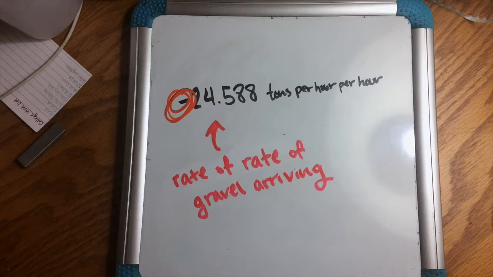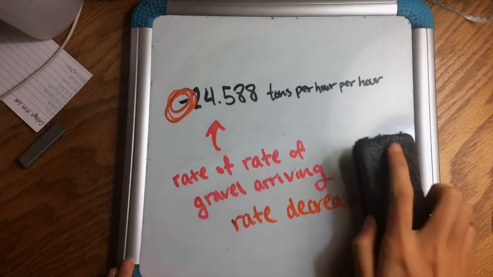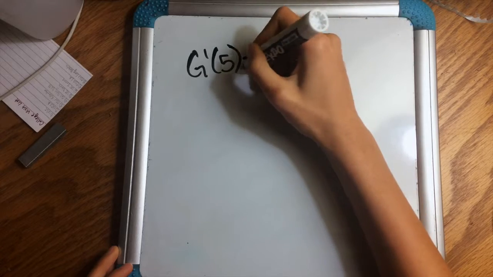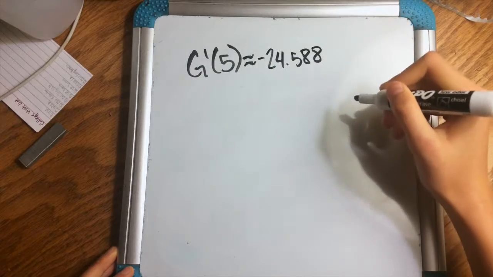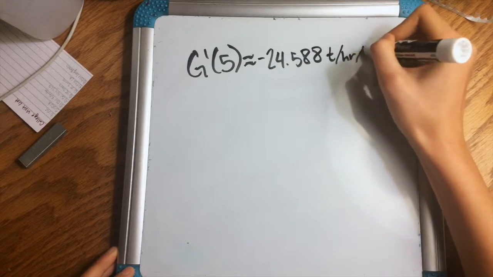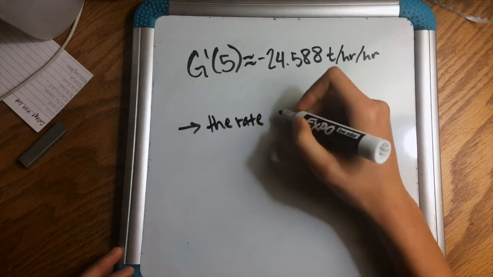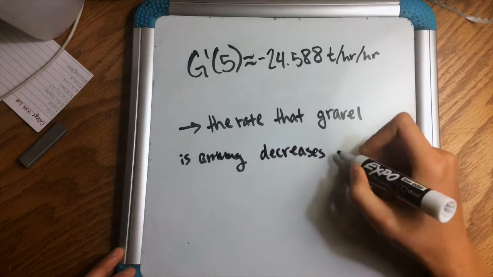And because it's negative, that means the rate is decreasing. So the answer would be g prime of 5 is equal to negative 24.588, which means the rate that gravel is arriving is decreasing by 24.588 tons per hour per hour at 5 hours.